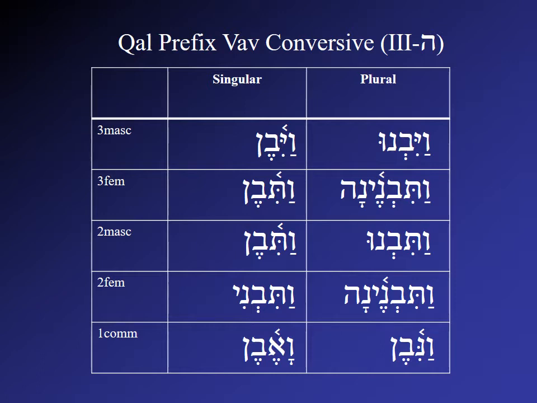Now you notice that in the forms that have the prefix complements, the accent has moved back to the final syllable, or the syllable where it originally belonged, and they express themselves just like the prefix without the vav conversive. So in the second feminine singular, we would have expected tivni in the prefix and vativni in the prefix vav conversive. So it's only the forms which lack a prefix complement in which we see this retraction from yivneh to vayiven.